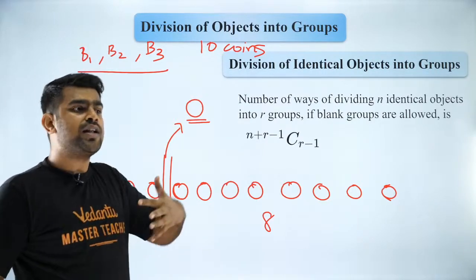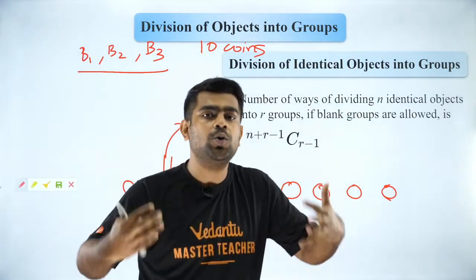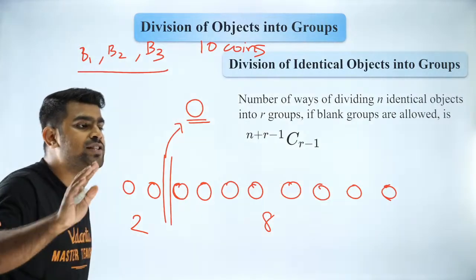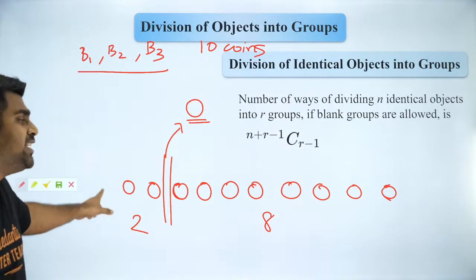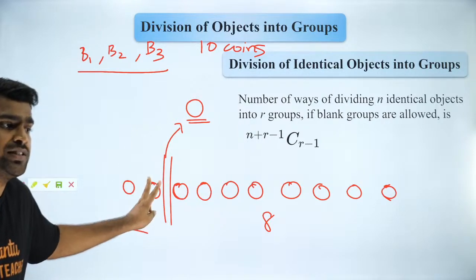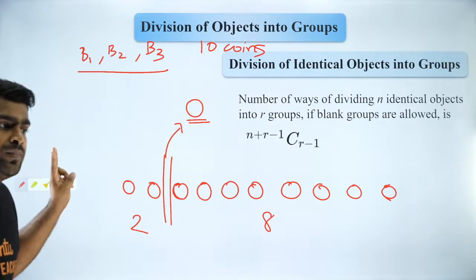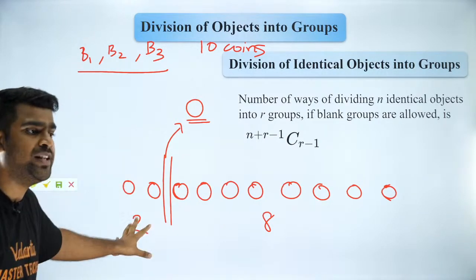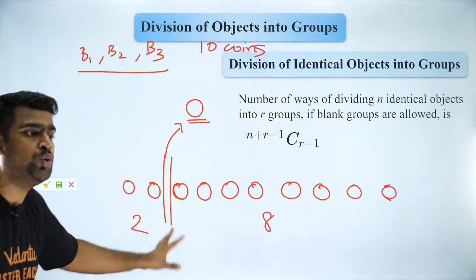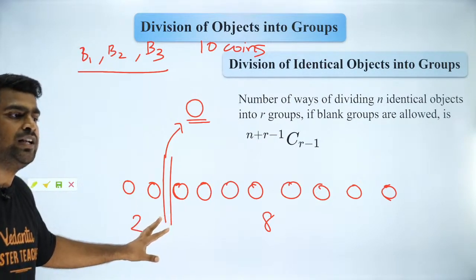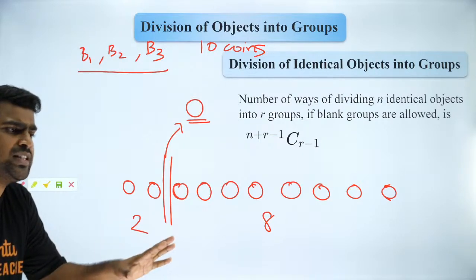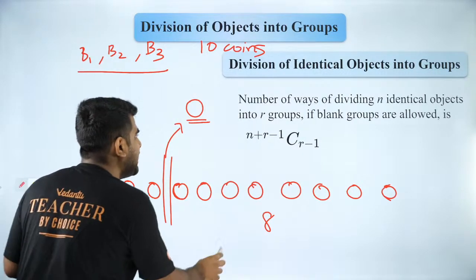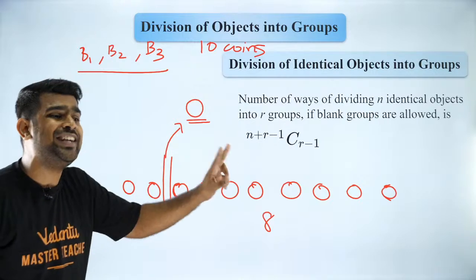But now, sir, come to the conclusion, sir. How do we derive it? So guys, do you agree the various arrangements of these 10 balls and 2 sticks will give the answer? Everybody clear with that? So we have 10 identical balls and 2 identical sticks.